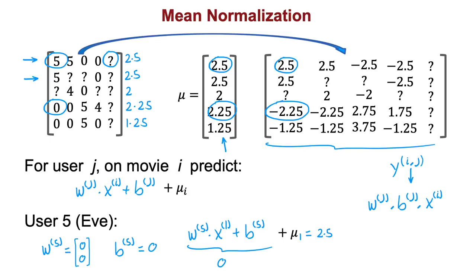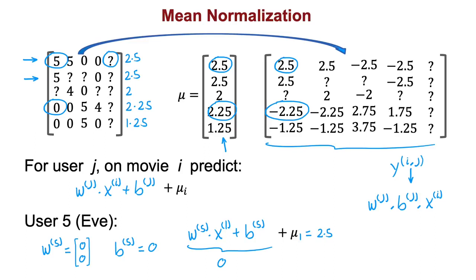It turns out that by normalizing the mean of the different movies' ratings to be 0, the optimization algorithm for the recommender system will also run just a little bit faster. But it does make the algorithm behave much better for users that have rated no movies or very small numbers of movies, and the predictions will become more reasonable.